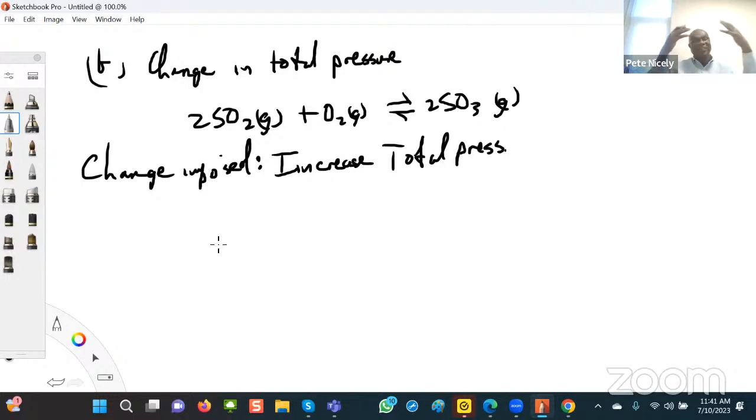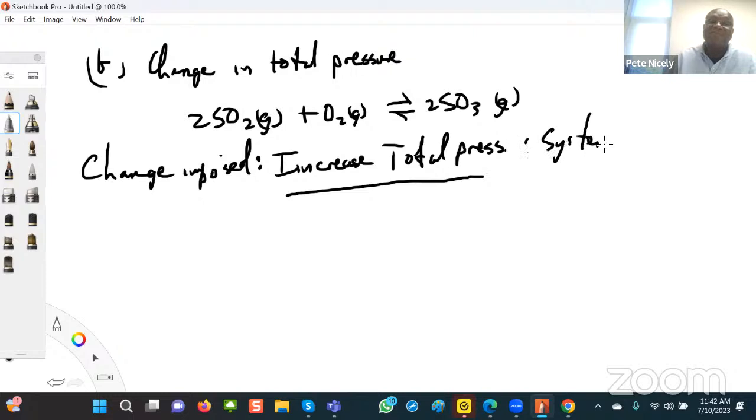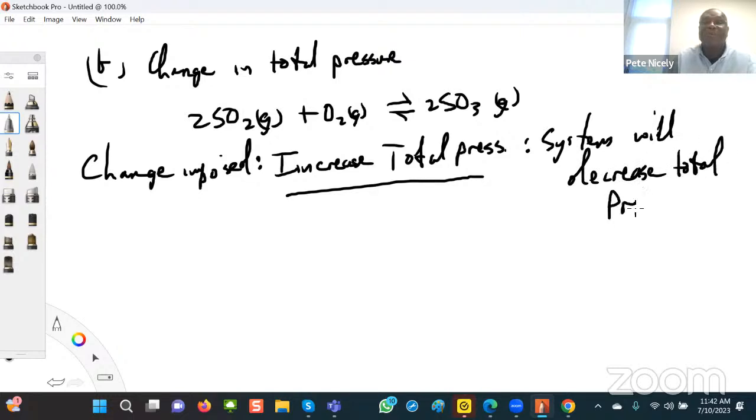Now, again, we have to go back to Le Chatelier's principle, which says that whatever change you impose on the system, the system will respond by opposing that change. So if you're increasing total pressure of the system, based on Le Chatelier's principle, how will the system respond? System will do what? Decrease the total pressure. Will decrease total pressure.